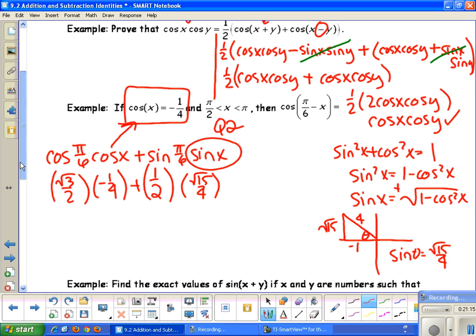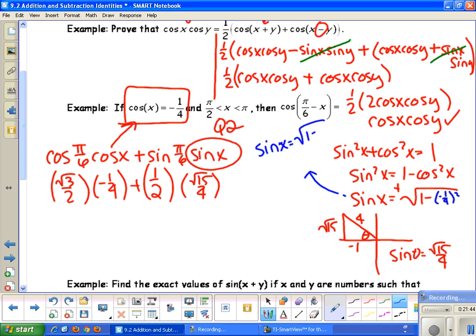And as I said, I could have done the same thing with my Pythagorean identities over here, just to show you. For this one, the cosine squared x right there would have been the cosine of negative 1/4 squared. So if I would have done that, I'm just going to do this up over here, the sine of x equal to the square root of 1 minus 1/4 squared, which would be 1/16.